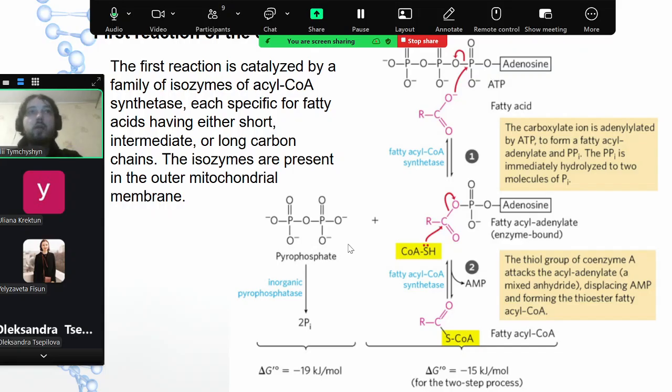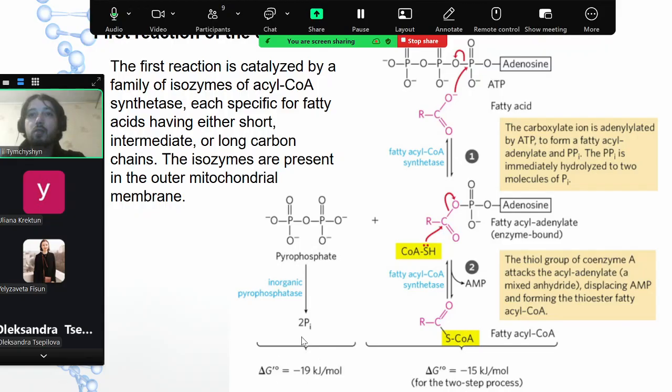That's a really common part of biochemistry: when you have a reaction that is almost in equilibrium, it really helps if it is coupled to making two inorganic phosphates from the pyrophosphate. That basically blocks the reverse pathway for that reaction. So you will see this sort of chemistry pretty often.